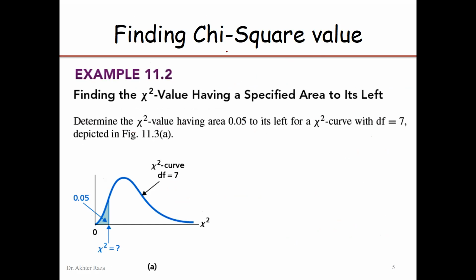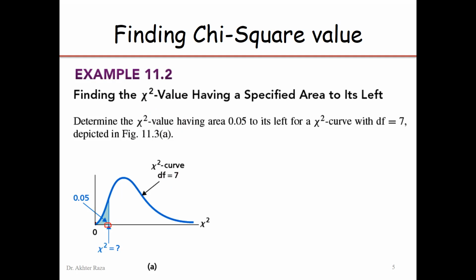How can we obtain the critical value or the p-value of the chi-square distribution? This is described in this slide. The degree of freedom is 7, and we are interested to obtain this critical point from a chi-square table at the level of significance 0.05.